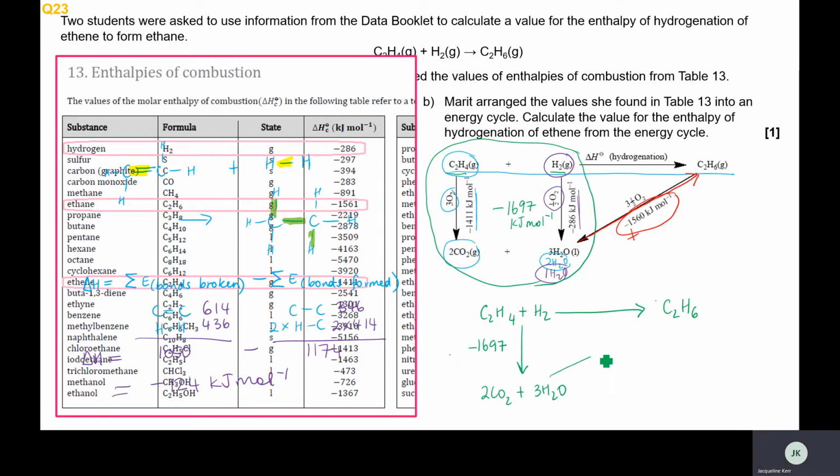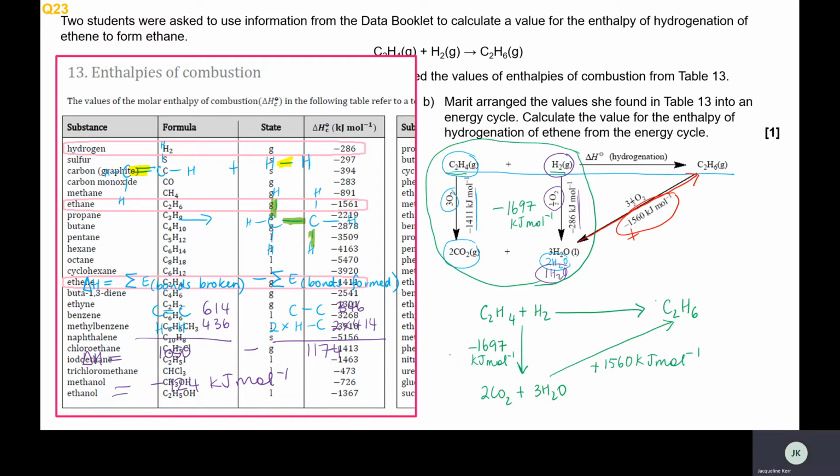Because the combustion information comes from that table as well, by combusting ethane, you get carbon dioxide and water, and that's the energy released, which is looked up from the table. So the reverse, to push it the other way, would be positive 1560 kilojoules per mole. I apologize, I've left the units off there.